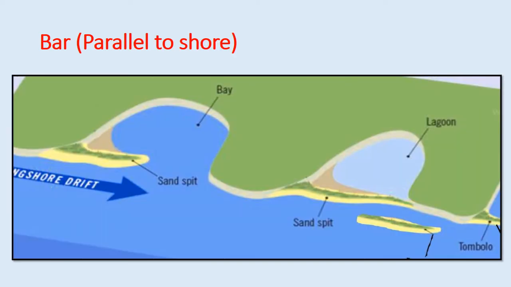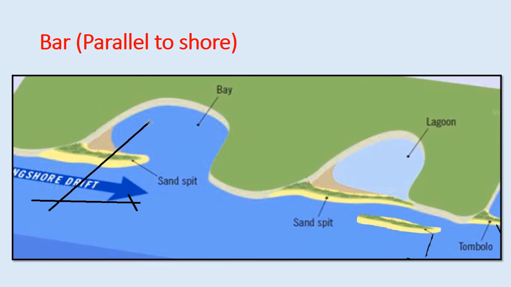First one is the bar. Suppose this is the longshore current, and this part is the continental part, and this is the oceanic part.